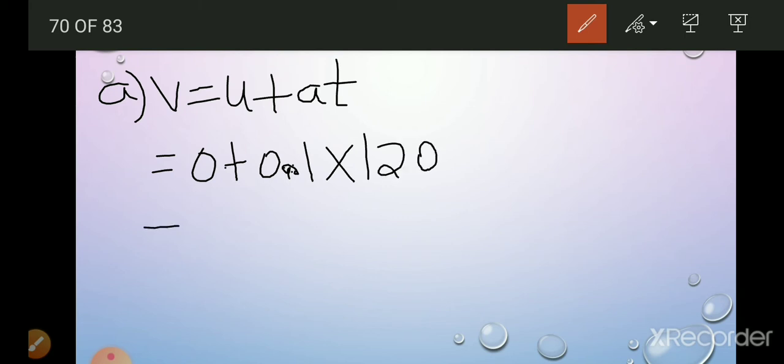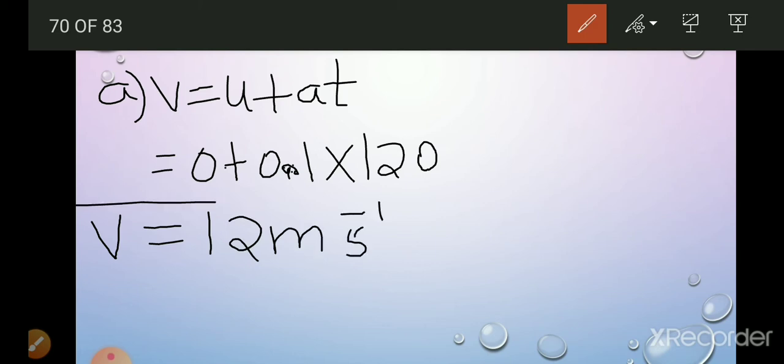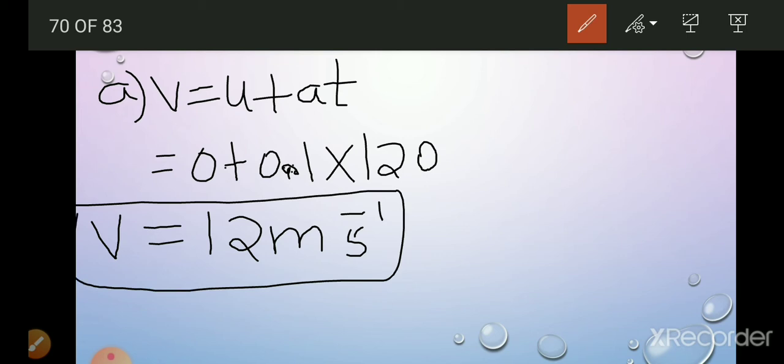If you just solve it, 0.1 into 120, v is equal to 12 meter per second. You are going to get this answer. Velocity is equal to 12 meter per second.